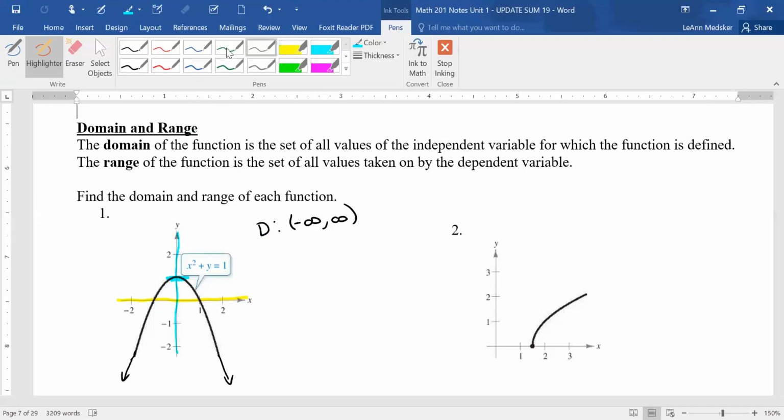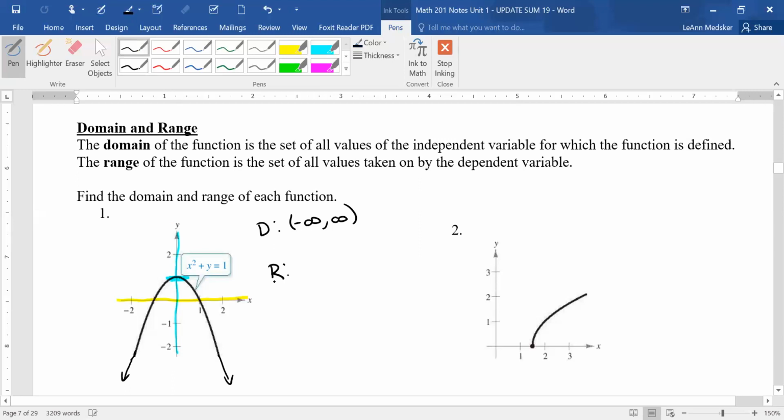So this means that this is a range that is restricted, and you go from least to greatest. So this goes from negative infinity up to 1, and the point is actually there. So if it was an open circle here, we would say parentheses, but because the point exists, we say it stops at 1.